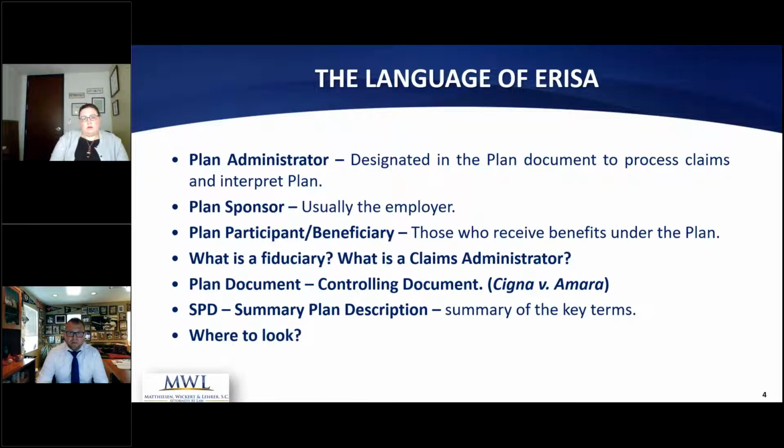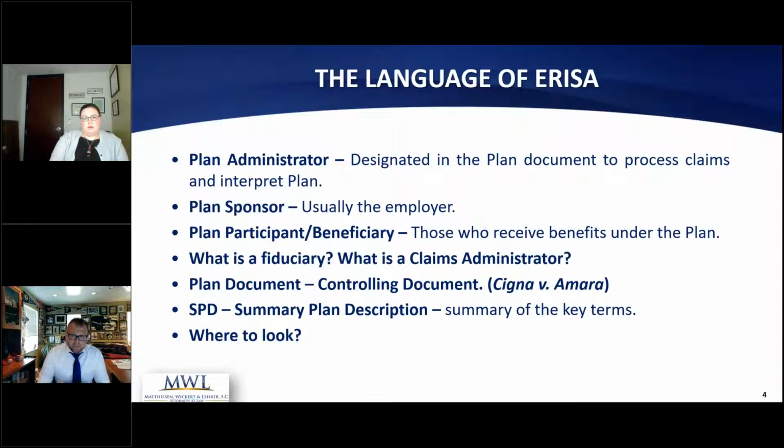So we've got to make sure that we're not in conflict between the two, that they're not drafted independently necessarily, that the SPD, if we have a separate SPD, which we are supposed to, is functioning as a summary of the key terms that are already in the plan document. Now, in many cases with health plans, in contrast to pension plans, the SPD also serves as the plan document.